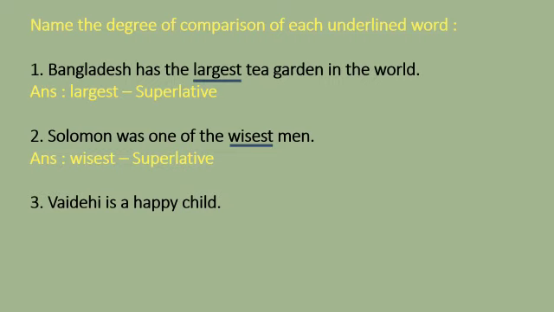Third, Vaidehi is a happy child. Underlined word: happy. Answer: happy, positive.